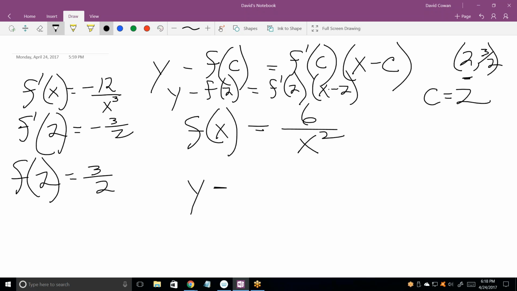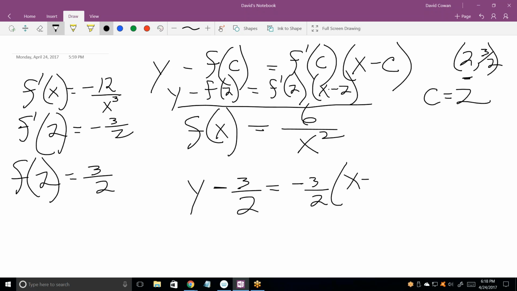So what's f of 2 over here on the left? 3/2. Yeah, I'm plugging into that right there. So 3/2 equals, what's f prime of 2? -3/2. And finally, we got x minus 2. And that is going to be an approximation for this thing.